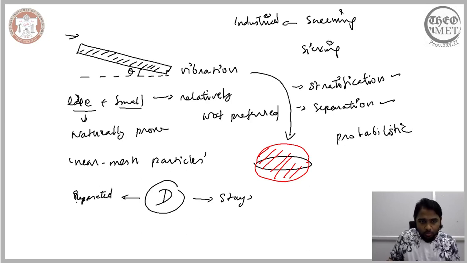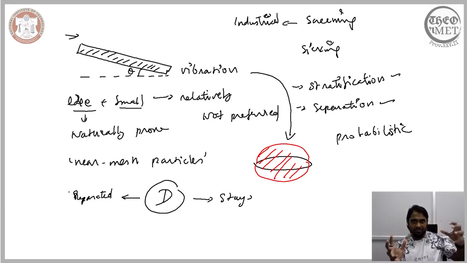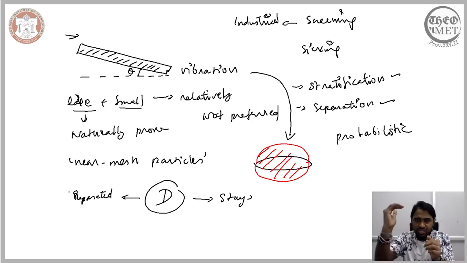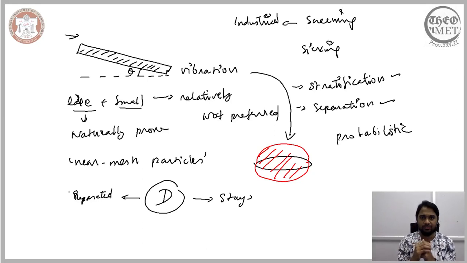So essentially what we have is, when your process is definitive, when there is no randomness associated with it, you are not talking in terms of probability, then if you have a screen of a specific size, all the particles that are less than the size of the aperture get collected, and all the particles that are greater than the size of the aperture stay on the surface of the screen.